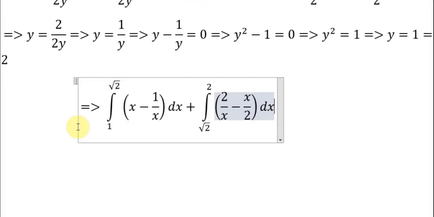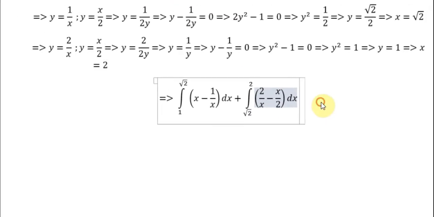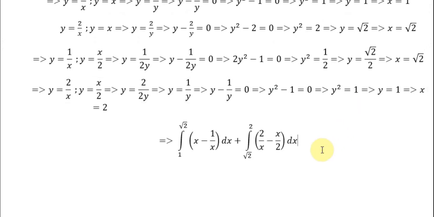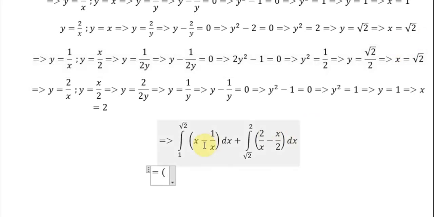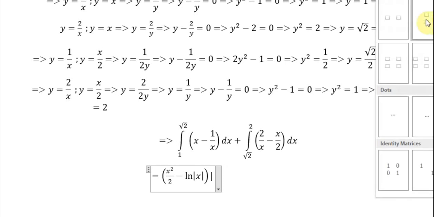Now we just calculate this integral. Integral of s, you get s squared over 2, divided by 2. 1 over s, you change to logarithm of s in here. And we have the limits 1 and square root of 2.